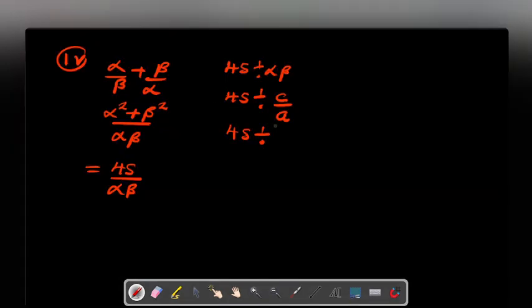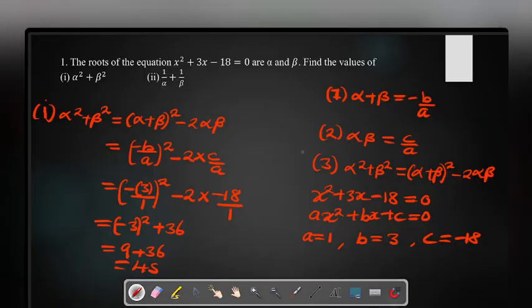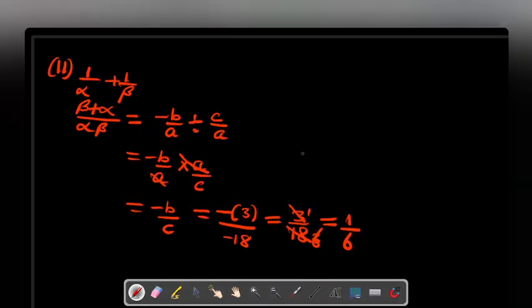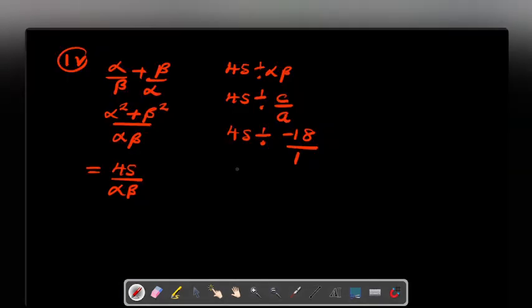So the value for c is negative 18 over the value for a, which, if I check, is 1. So we just have 45 times 1 over negative 18, we swap there, so that will give us 45 over negative 18. So that becomes our answer.